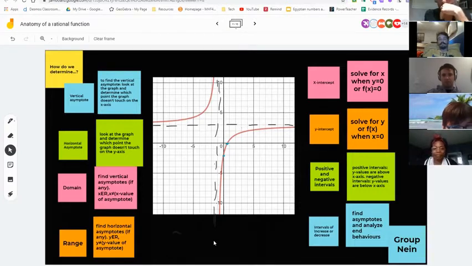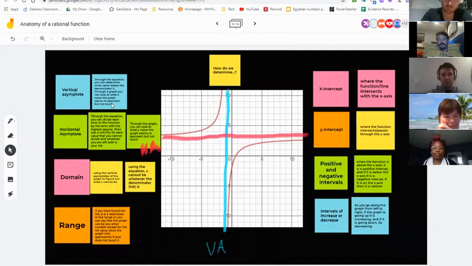Which point the graph doesn't touch on the x-axis? Well, if you look at it this way, the graph touches the x-axis here. By that I meant where it doesn't touch for the points of x, I guess. Kind of. It's not an easy description. Let's go to group 10 and see what they said for the same question.